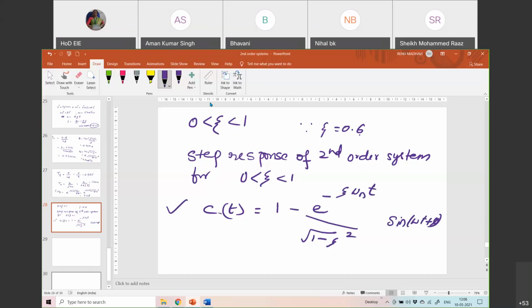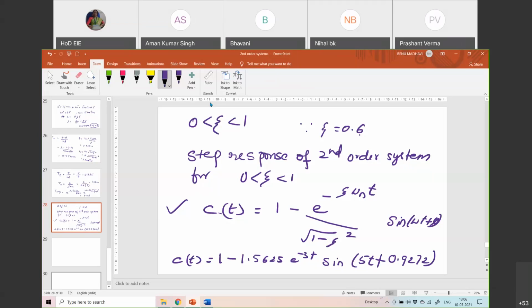This is the equation that we have obtained. So substituting the values of zeta and omega n, you get this as 1 minus 1.5625 e to the power of minus 3t into sine of 4t plus the phase angle theta, which would be 0.9272, which we have already calculated.